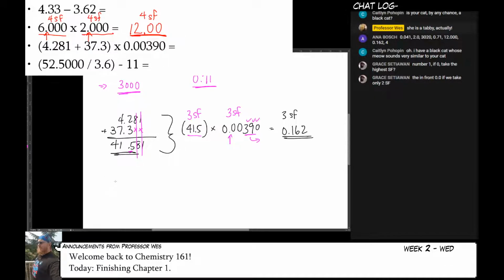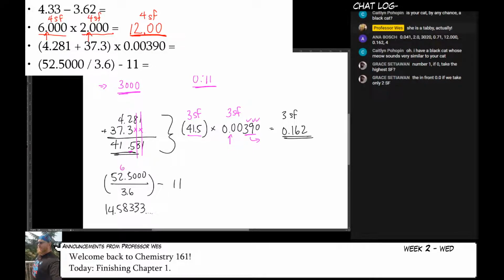And then for the last one, we're going to do the division first, because it's in the parentheses. And what I get when I do the division is this: 14.58333 forever, basically. But how many sig figs should my answer have?